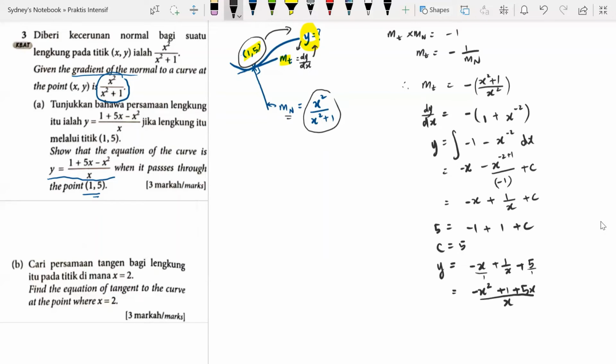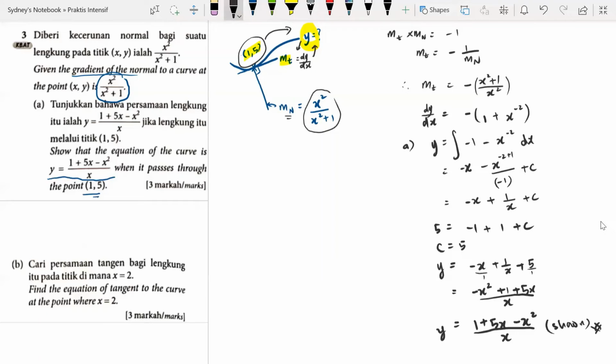Let's rewrite from constant to the power of x in ascending order. So we have 1 plus 5x minus x squared over x. So we have just shown that y equals the expression given. Okay, so that is the answer for part A.